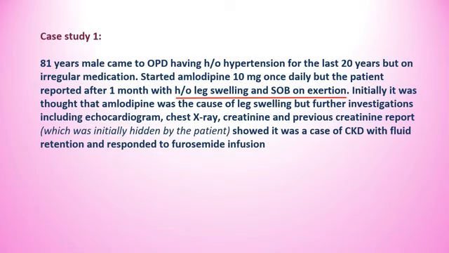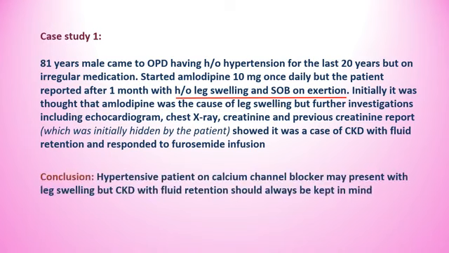Initially, it was thought that amlodipine was the cause of leg swelling, but further investigations, including echocardiogram, chest X-ray, creatinine, and a previous creatinine report, which was initially hidden by the patient, showed it was a case of chronic kidney disease with fluid retention, and it responded to furosemide infusion. So the conclusion is that a hypertensive patient on a calcium channel blocker may present with leg swelling, but chronic kidney disease with fluid retention should always be kept in mind.